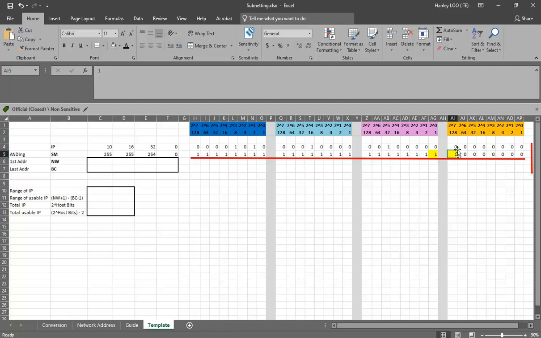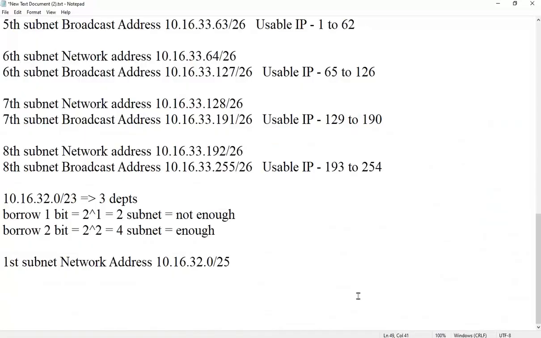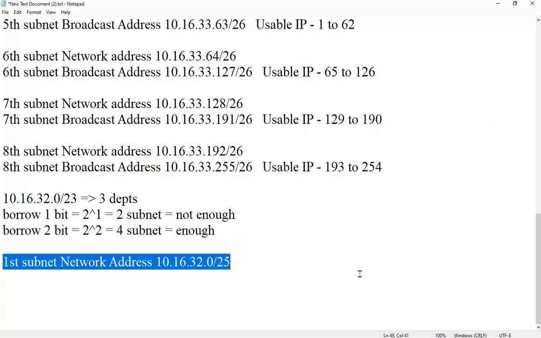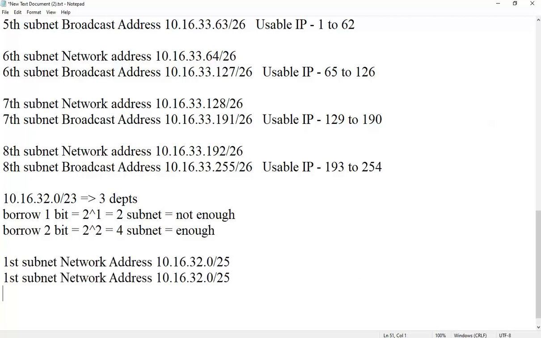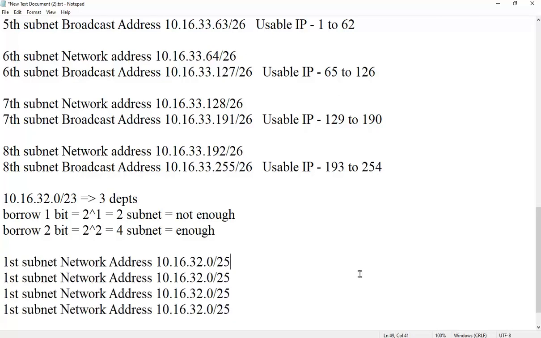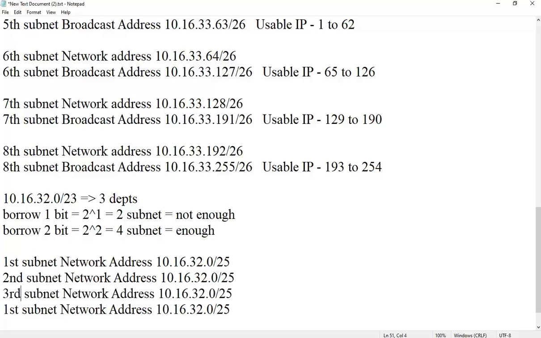So this will be the new subnet mask I need to use in order to create 4 smaller subnets from a /23 subnet group. So from here, I will know my second subnet, third, and last but not least the fourth.